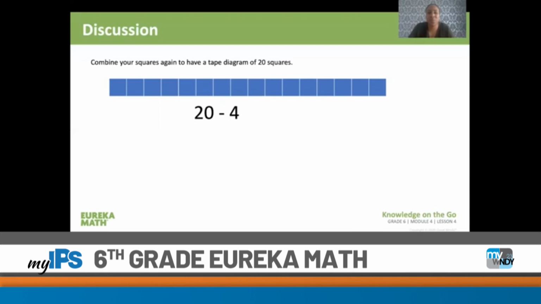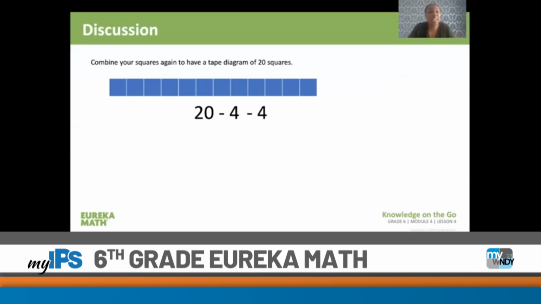20 minus 4. We had 20 squares and subtracted how many? 4. Excellent. Let's do it again. Subtract another 4 squares. Now let's alter our expression to reflect what we just did with our square tiles. 20 minus 4 minus 4.